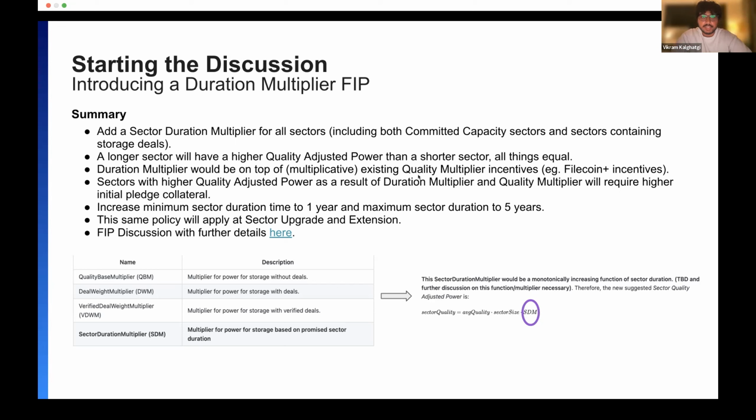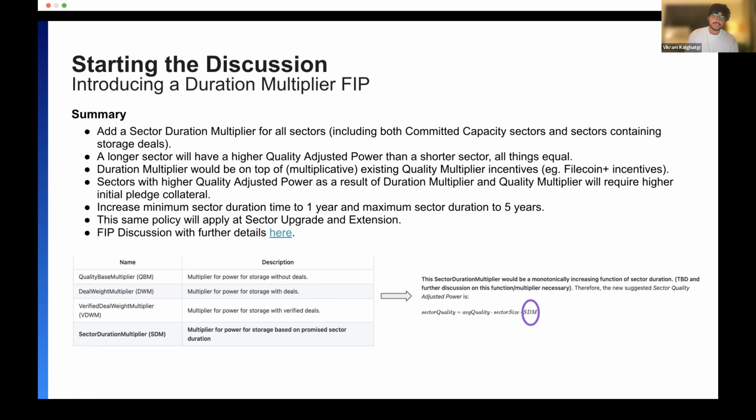So the idea is we want to add a sector duration multiplier for all sectors. This includes both committed capacity as well as sectors containing storage deals. The primary incentive here is we think there is an incentive missing to align the goal of the network to provide persistent and long-term storage, because miners who commit resources to the network for longer take on added liquidity risks as well as added operational risks that aren't compensated for.